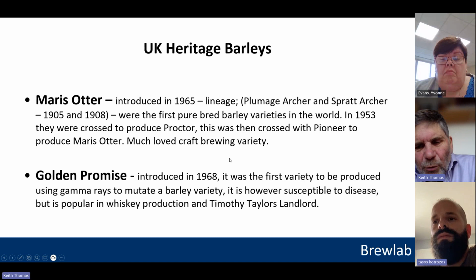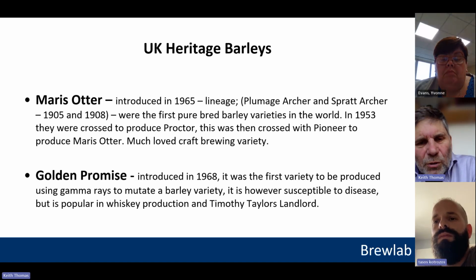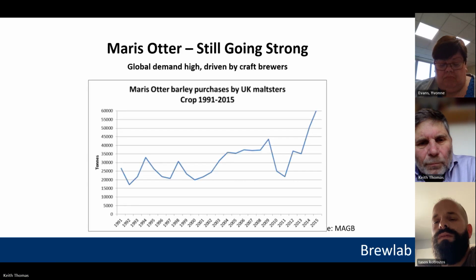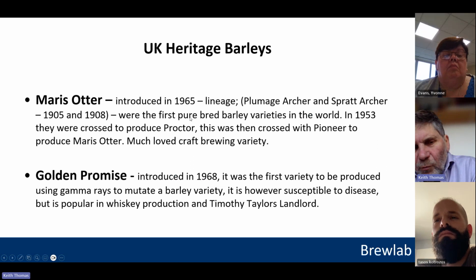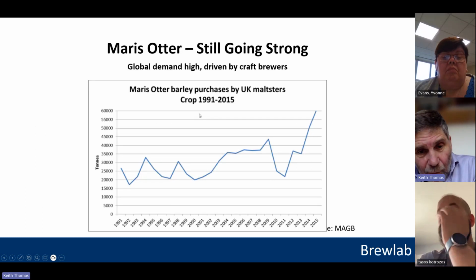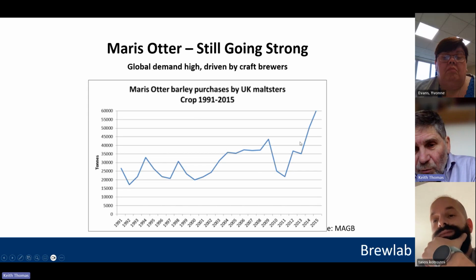Modern small-scale brewing is more flexible with their malting intentions. But Maris Otter is about 60, 70 years old now. It's increased recently in sales.